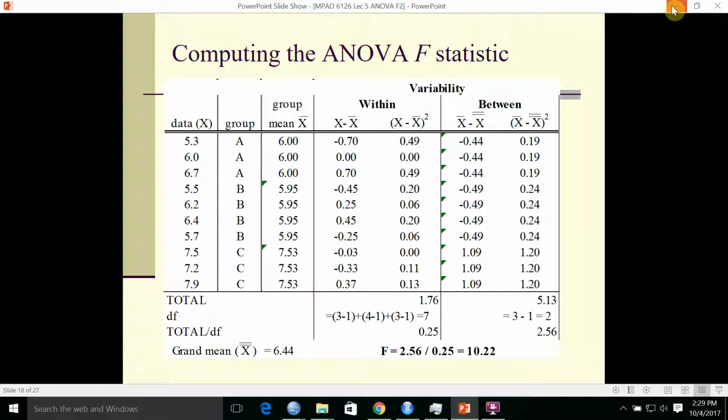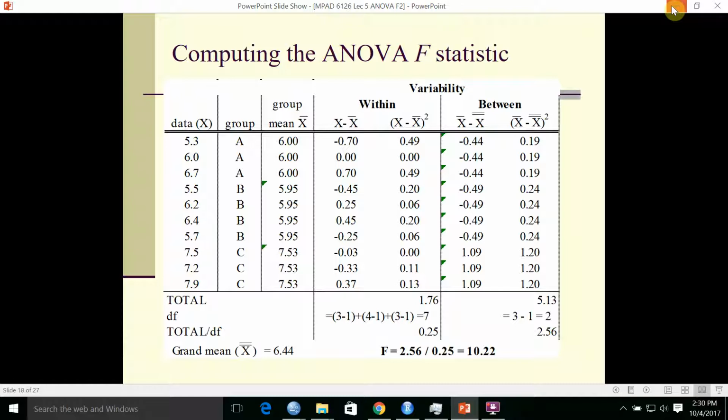And then we would do that for all of the different groups. So group A is negative 0.44, group B is negative 0.49, and group C is positive 1.09. So you square that, and you get the sum of squares between for each one of those groups.